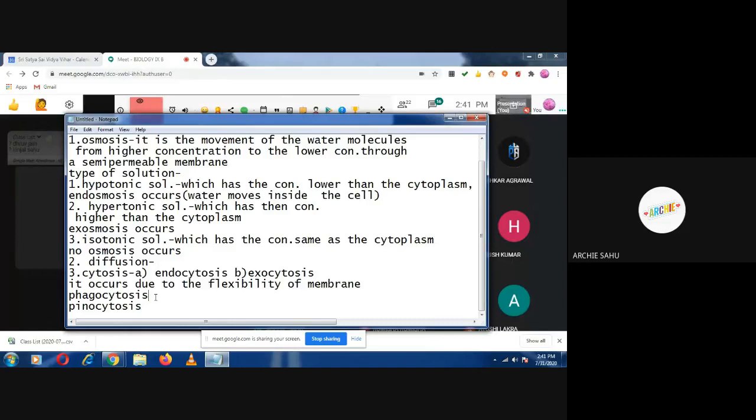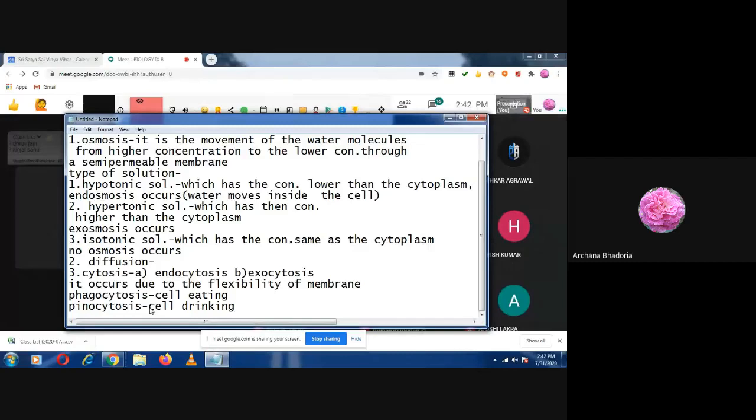Phagocytosis is cell eating and pinocytosis is cell drinking. Understood? So pino you can remember related to pina. Pina means drinking. So cell drinking is where the liquid will go inside the cell, by the invagination of the cell membrane.